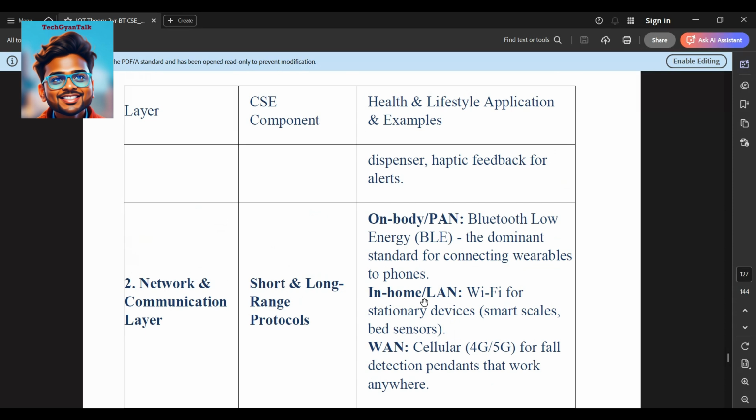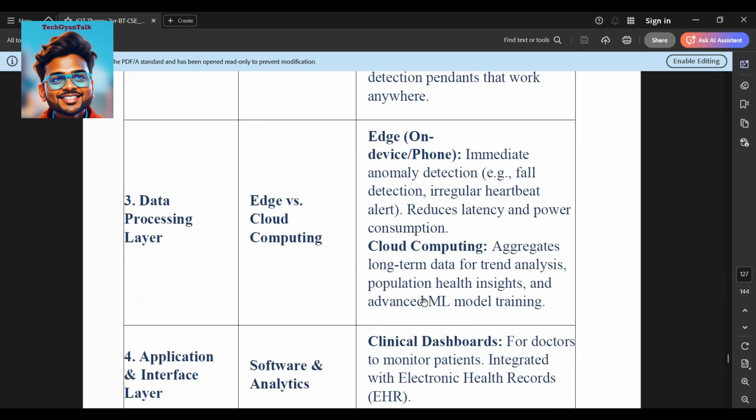WAN: cellular, 4G, 5G, for fall detection pendants that work anywhere. In the data processing layer, edge computing on the device or phone enables immediate anomaly detection, for example fall detection or irregular heartbeat alerts, reducing latency and power consumption. Cloud computing aggregates long-term data for trend analysis, population health insights, and advanced ML model training.